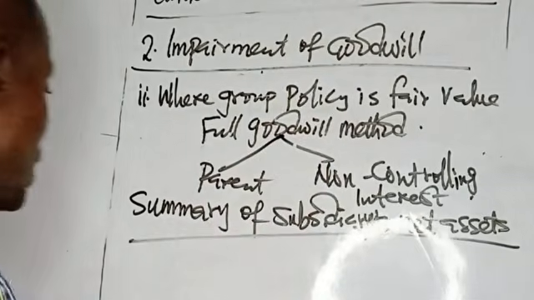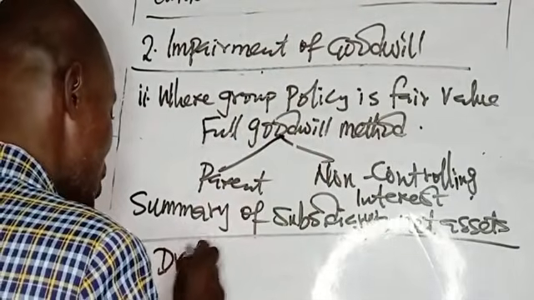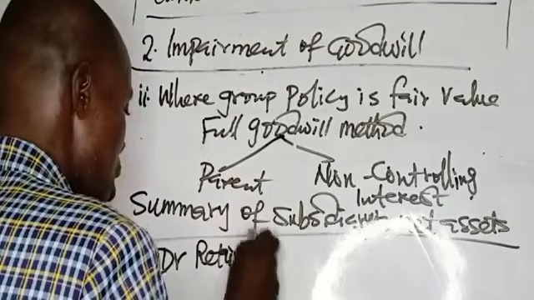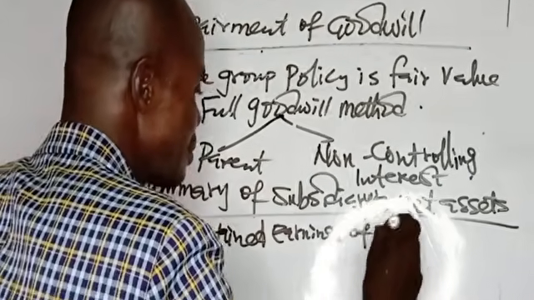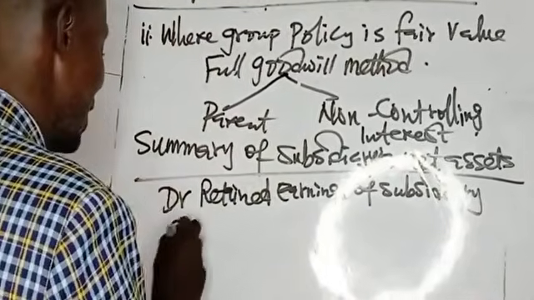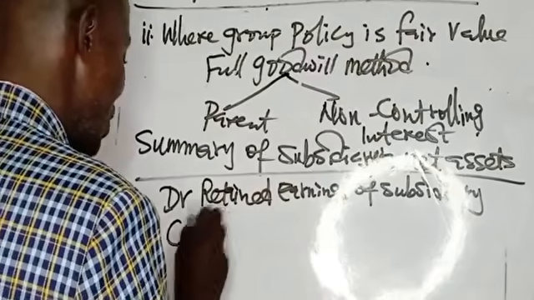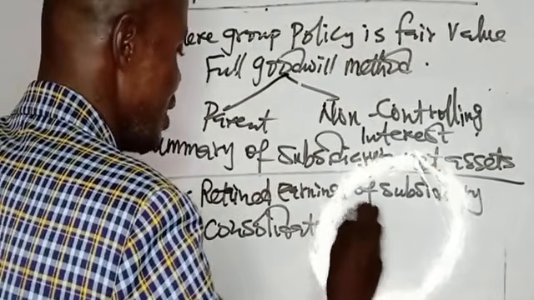That is the double entry: debit retained earnings of subsidiary and credit consolidated goodwill.